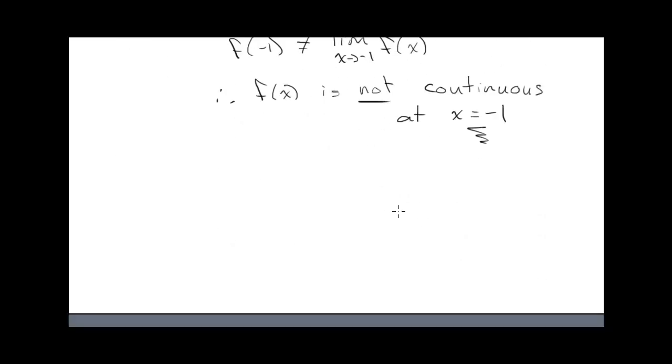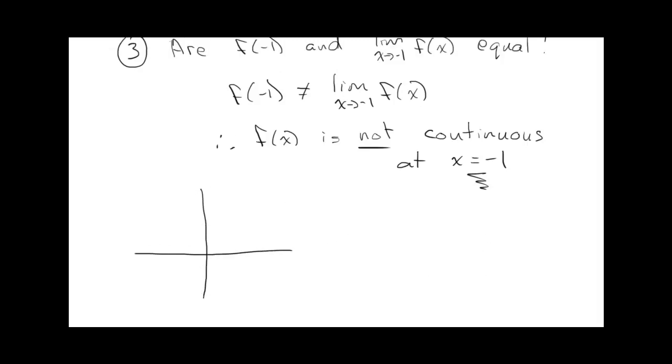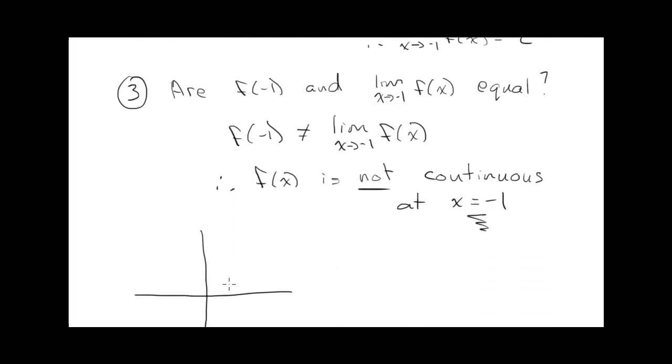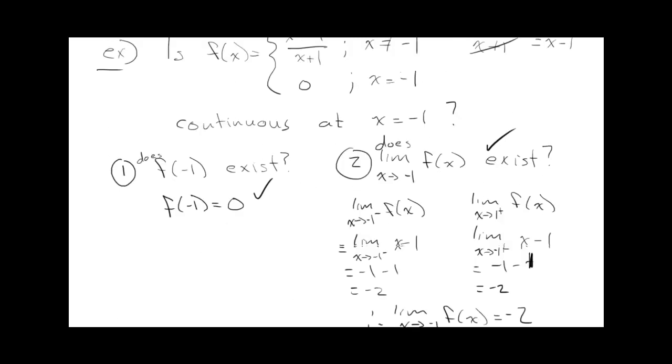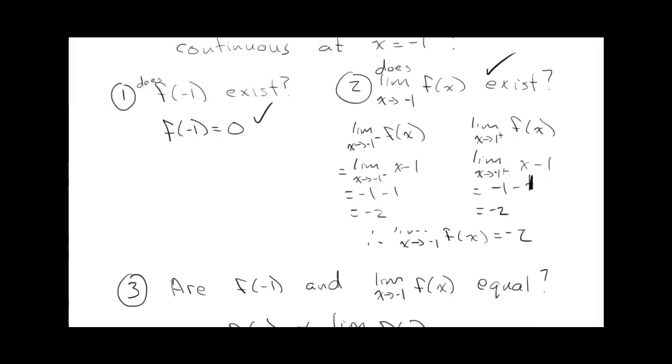To graph it, just to see what's happening, back up to that original function. At -1, we were equal to 0. And then all the other times we were equal to this, which is really just x minus 1.